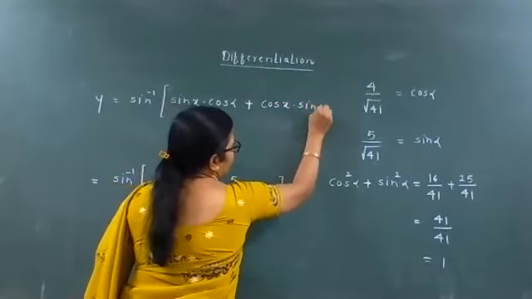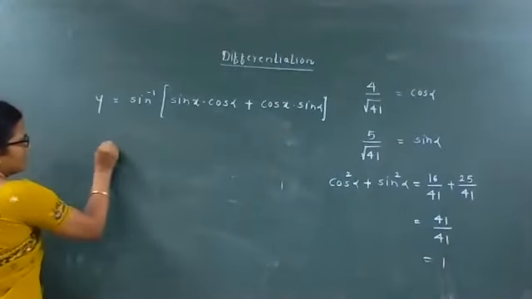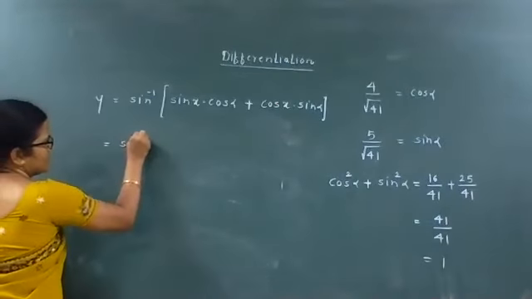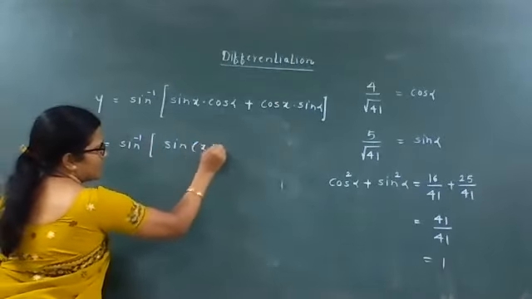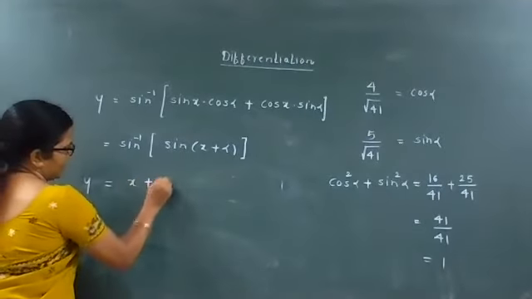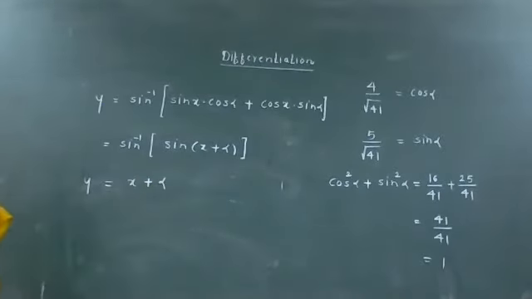So what is the bracket? Sin x cos alpha plus cos x sin alpha. Is it sin of x plus alpha? Addition formula for sine ratio. So y is coming sin inverse of sin of x plus alpha. And what is alpha here?